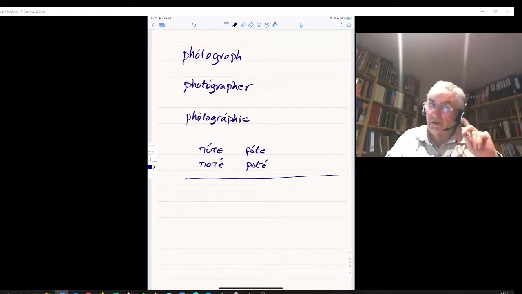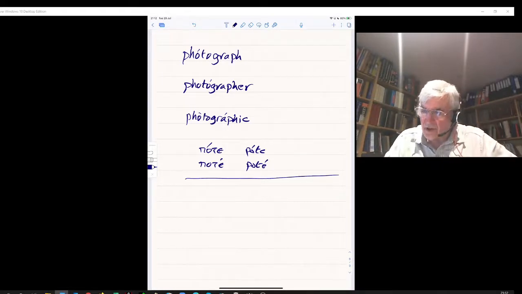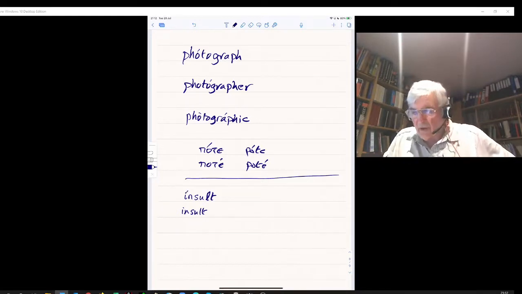In English, different stress can change what a word is. For example, insult. If you put the stress on the first syllable, insult, that's a noun. If you put it on the second syllable, insult, it's a verb.